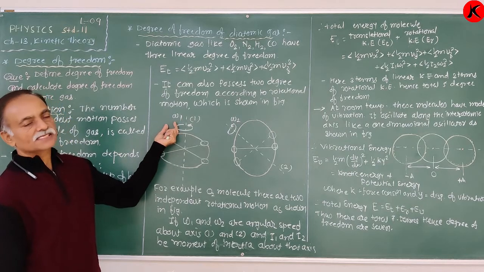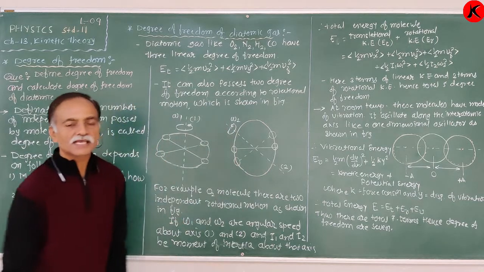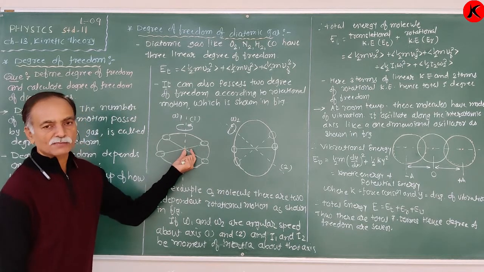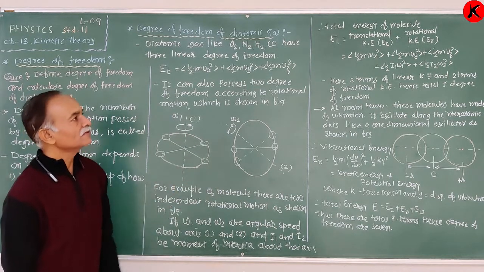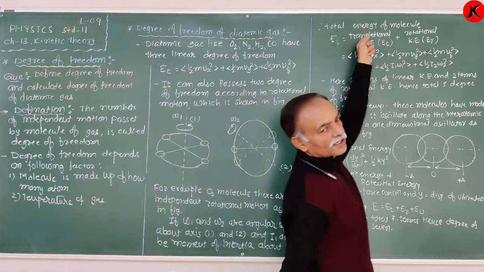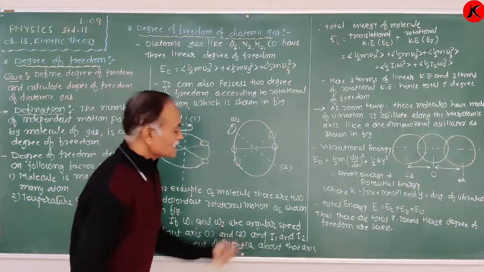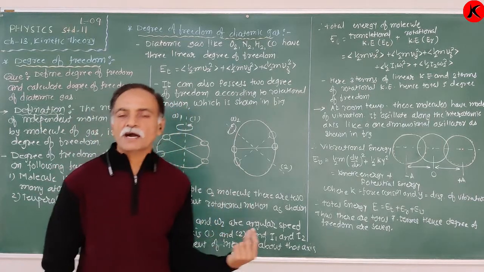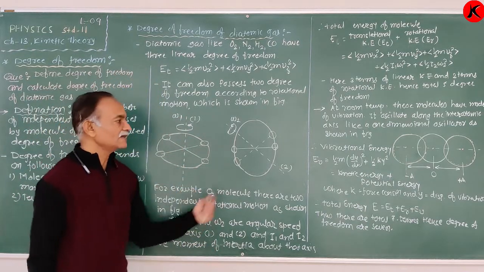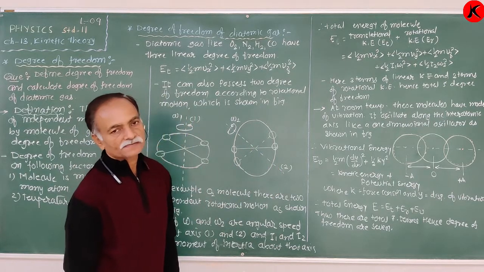If the angular frequency of rotational motion about axis 1 is omega 1 and about axis 2 is omega 2, and the moments of inertia of the diatomic molecule are I1 and I2, then the total energy of the molecule is equal to translational kinetic energy plus rotational kinetic energy. Rotational kinetic energy, we know, is half I omega square. So corresponding to this axis, half I1 omega 1 square, and according to this axis, half I2 omega 2 square.